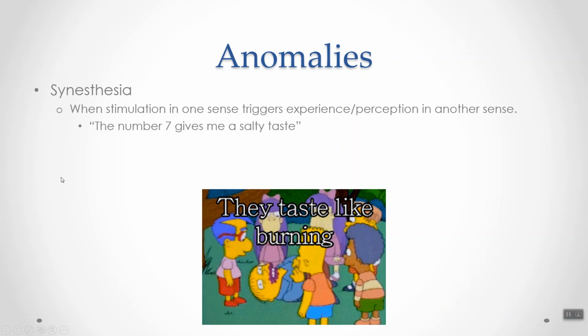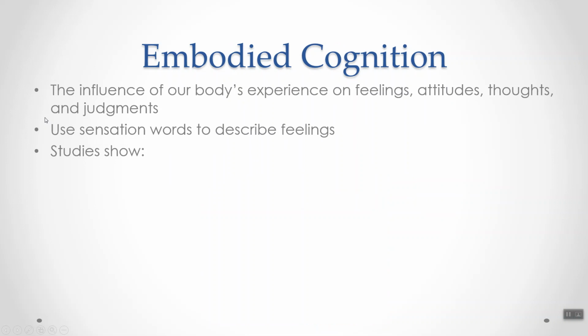Whereas before with sensory interactions, it's more natural to enhance the taste of something if it smells good, right? Or maybe if it smells bad, then it's going to taste bad to you. Okay, I know what green tastes like. Some people might report that green gives them a taste sensation. Green's not supposed to have a taste sensation. This is known as synesthesia.